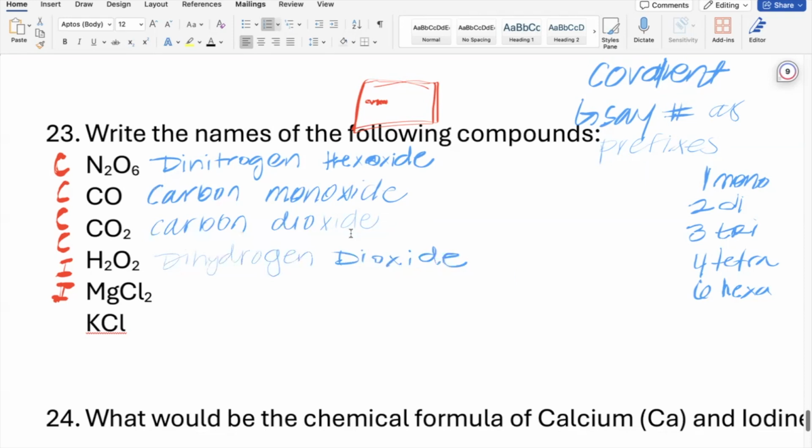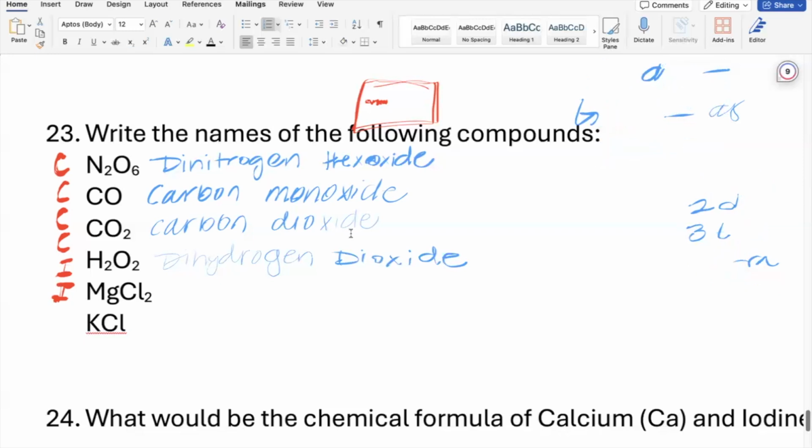Now we have a different naming convention for our 2 ionic. All right. So I'm going to erase what was over here about covalent. Maybe we'll go to a different color. We'll go to green. All right, so now with ionic, ionic's nice.